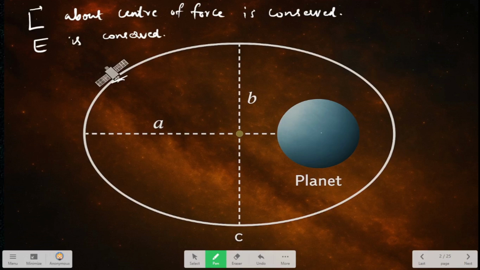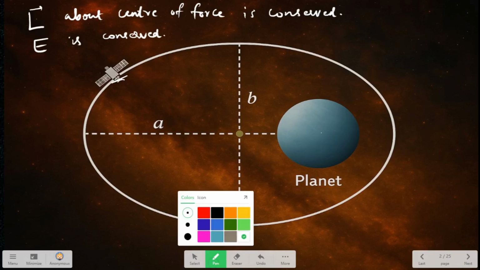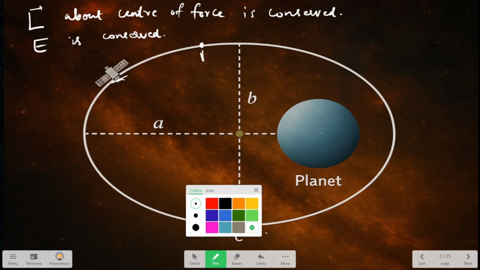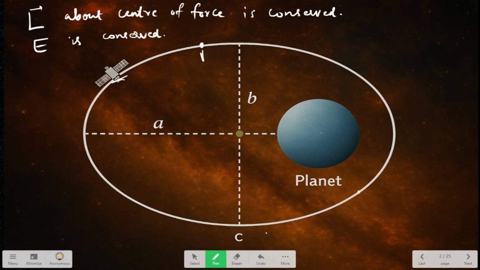That means if we consider any 2 points, let's say this is point 1 and this is point 2, then the angular momentum of the satellite at point 1, let's say it is L1, and angular momentum at point 2 is L2, then L1 is equal to L2.